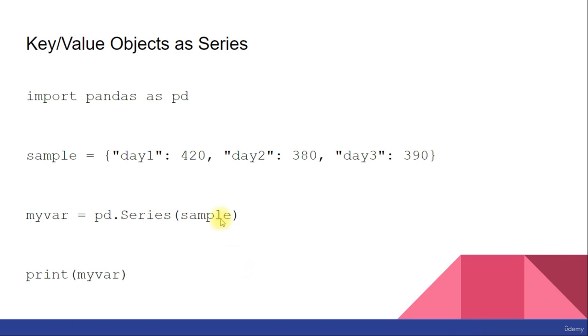Inside this I'm giving the name of the dictionary that we have. So I just pass the dictionary in this argument and it will be stored into myVar and I will have a pandas series. So these are the two examples of a series. I showed you an example on a Python list, and then I have a key value object as Pandas series.